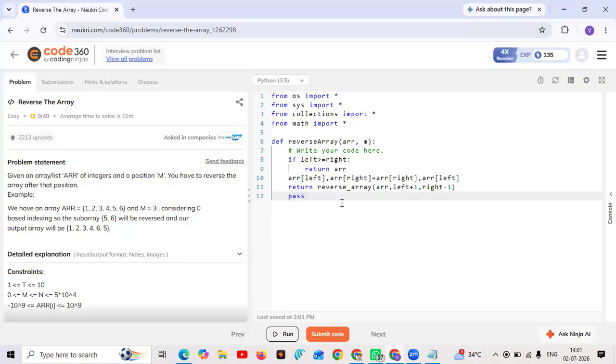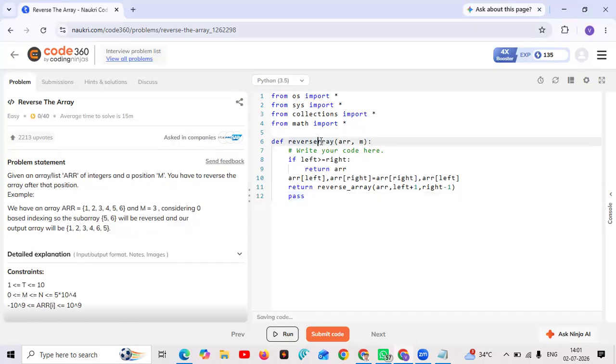Here we have written this thing, and I am just changing the whole code here. Merely this code won't work, because this code won't run as your answer.